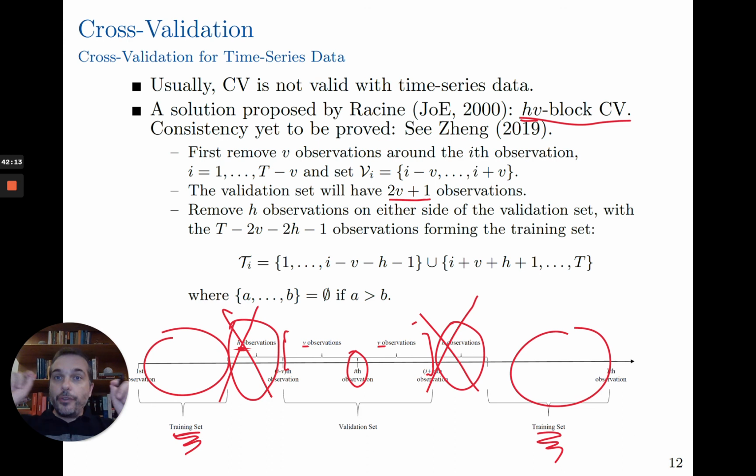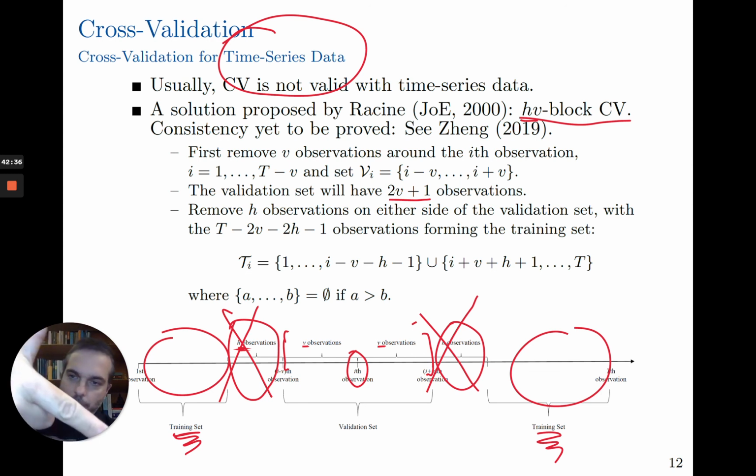So if you have time series data and you want to use cross-validation, use HV cross-validation. If you ask my opinion, I would say don't use cross-validation. Use information criteria. Faster and always good results. Cross-validation is really unstable.